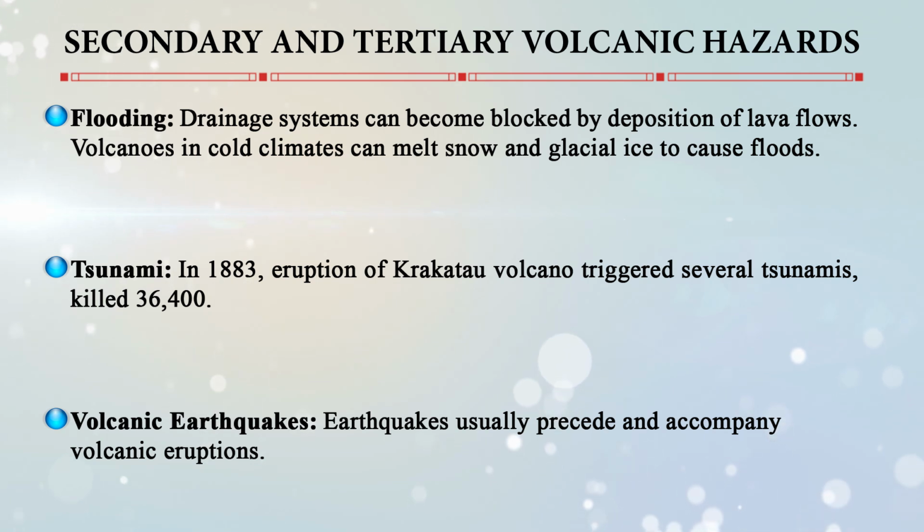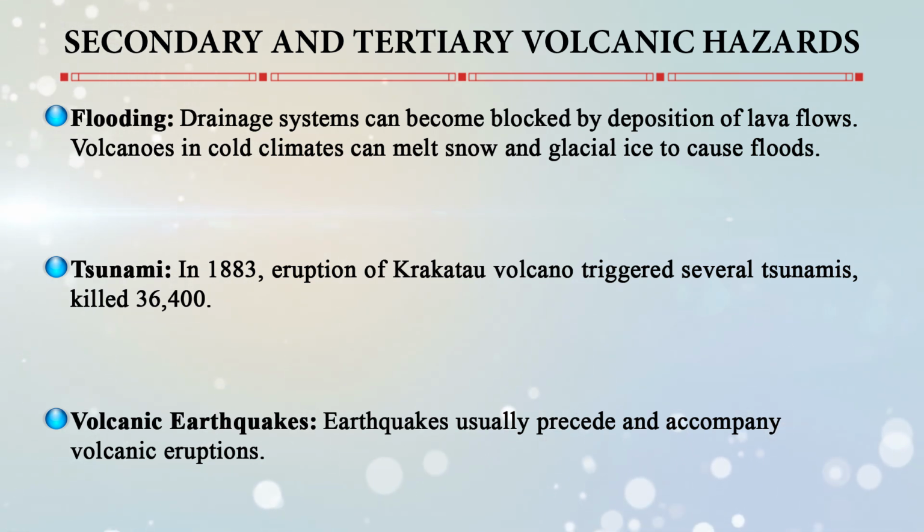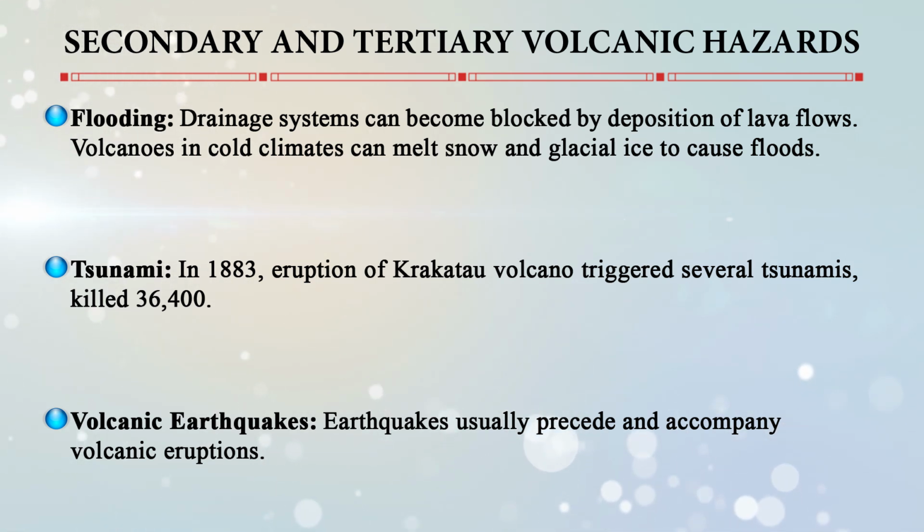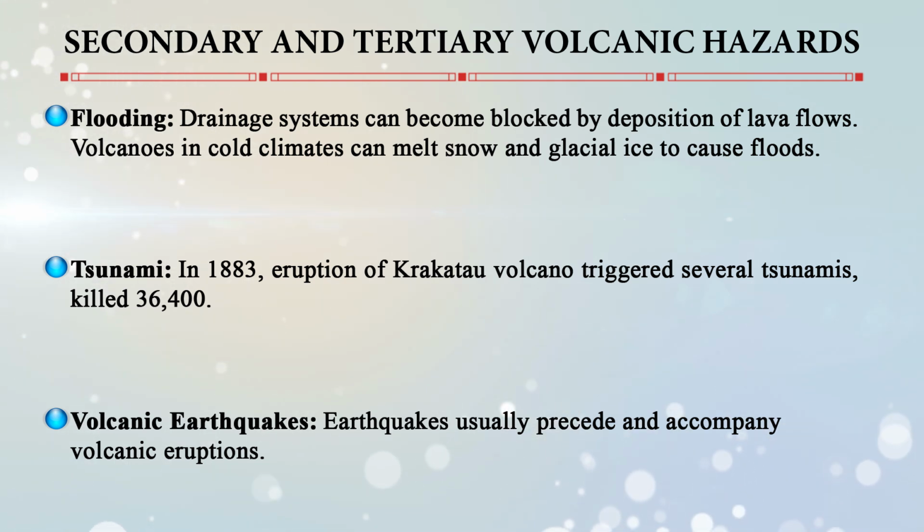Volcanic earthquakes: earthquakes usually precede and accompany volcanic eruptions. They normally occur together also. What is the method to predict volcanic eruptions? Most volcanic predictions are based on various phenomena. It depends on the behavior of the volcano.